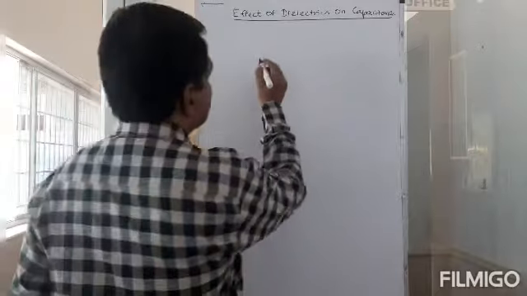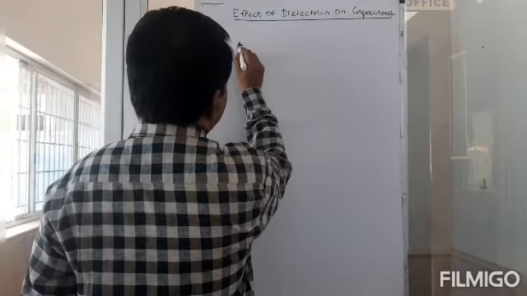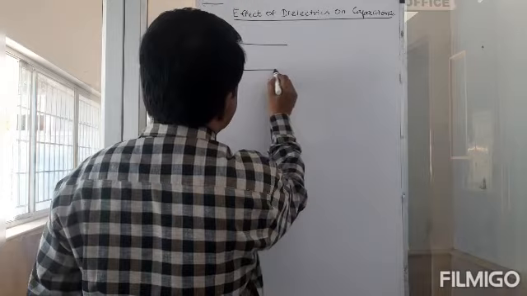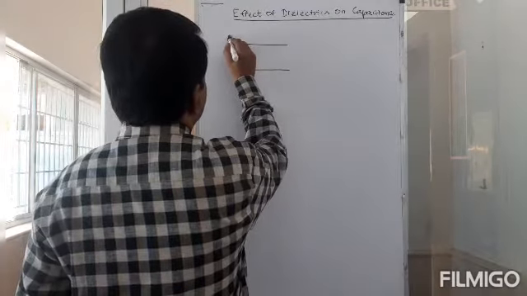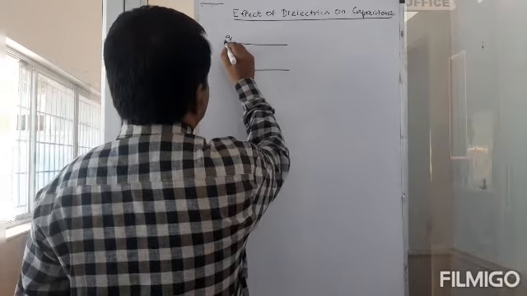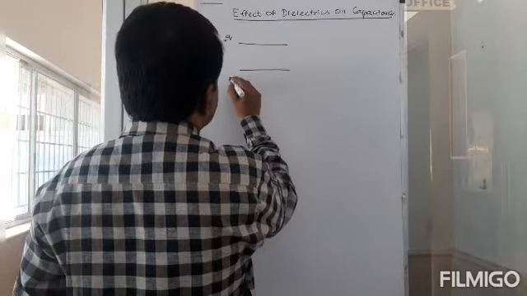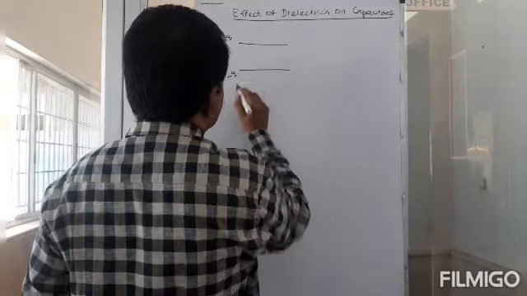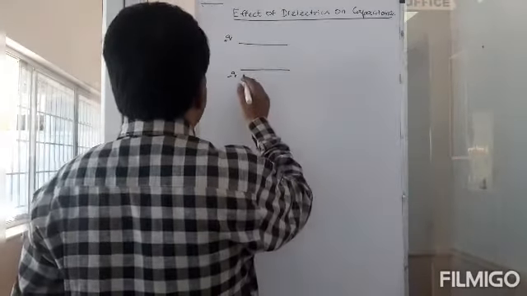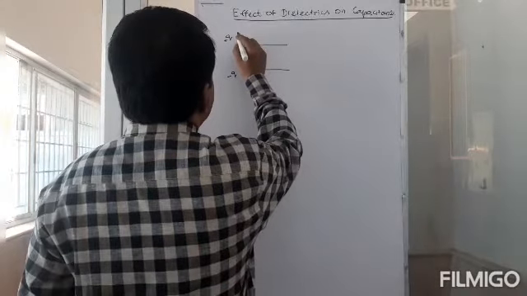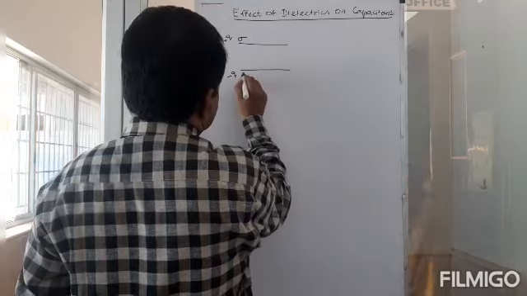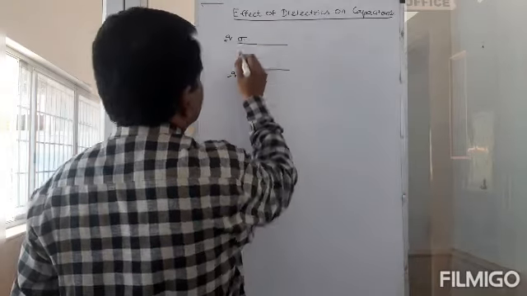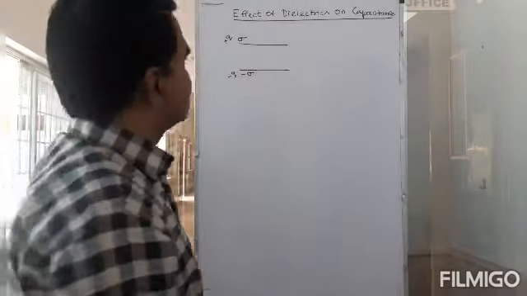So I have two parallel plates. They may have charge plus Q here and minus Q here. And this will also result in a surface charge density, so that is plus sigma, and this is minus sigma.